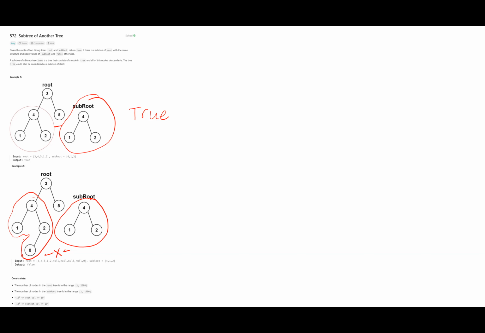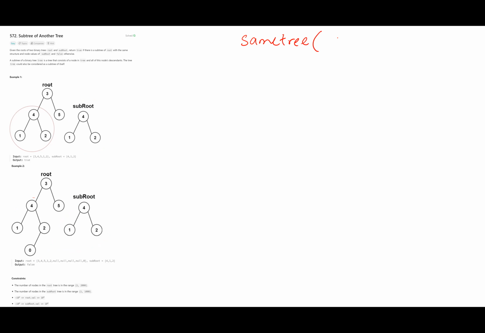Okay, so coming back, let's share my thoughts about how to solve this problem. If we already know the Same Tree problem, we can use the same tree algorithm. What it did is it took two nodes P and Q and checked if the trees that start from root P and Q are the same, right?